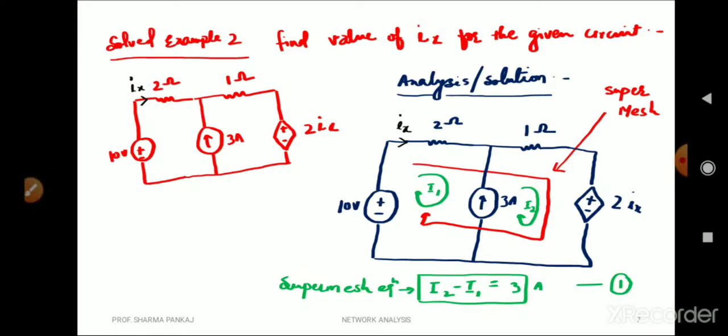Now let us move towards solved example number 2. The question goes like this: find the value of Ix for the given circuit. This is your Ix, and for the given circuit we have to calculate the value of Ix.